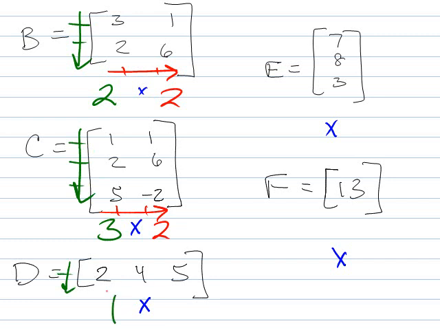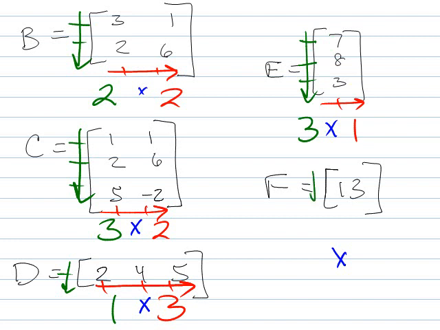Right? It's only 1 down, 1 row, and 1, 2, 3 columns. 1 row, 3 columns. Let's go down. 1, 2, 3. 3 by 1. And it's a 1 by 1.